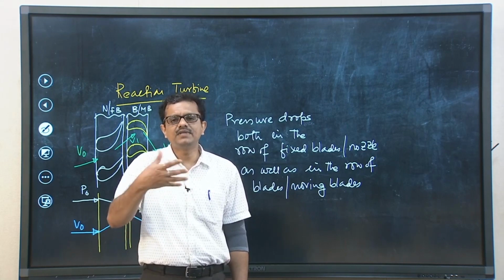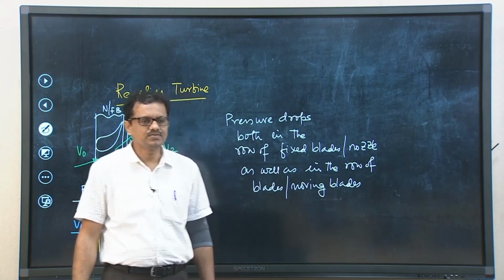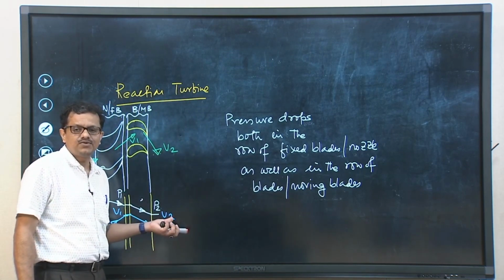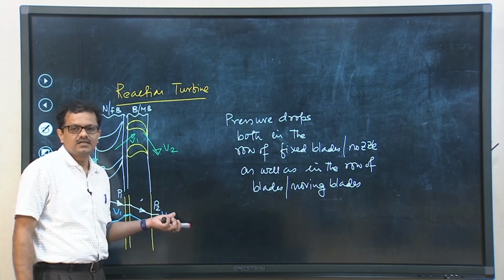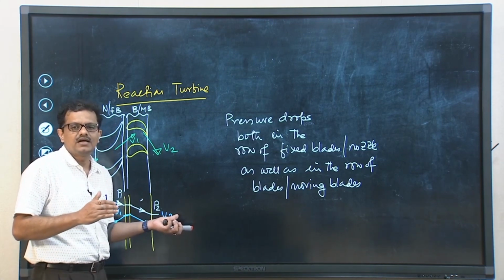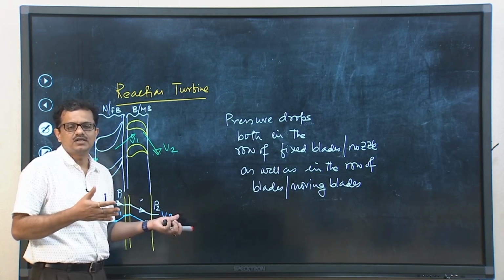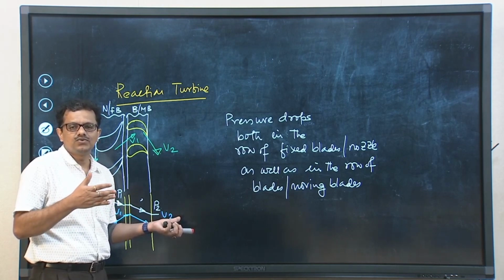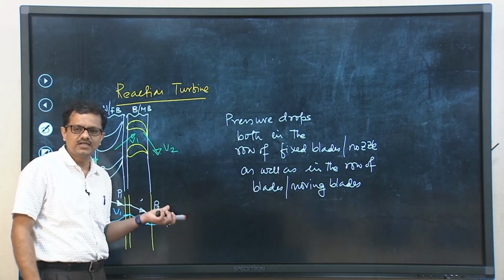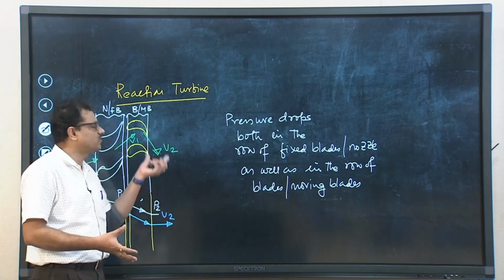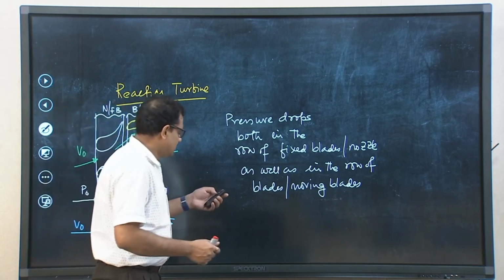Over and above that impulsive effect, there is the reaction force from Newton's third law of motion: the exiting steam will have a gain in kinetic energy, and following Newton's third law, that gain in kinetic energy will give rise to a reaction force in the opposite direction. So, this reaction force together with this impulsive effect will be responsible for the wheel rotation, and hence for the reaction turbine one term is defined, that is called degree of reaction.